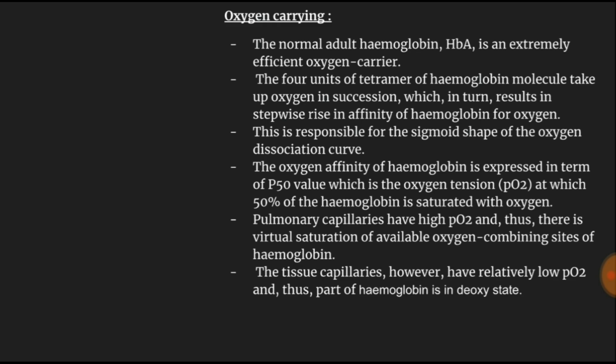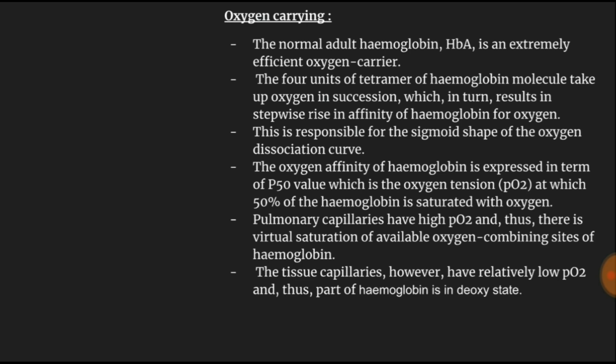This hemoglobin is a tetramer, so it can carry around 4 oxygens along with it, and how the oxygen is being carried by the RBC, and how it is releasing or dissociating, cutting its bond with the oxygen, is dependent upon the oxygen dissociation curve.